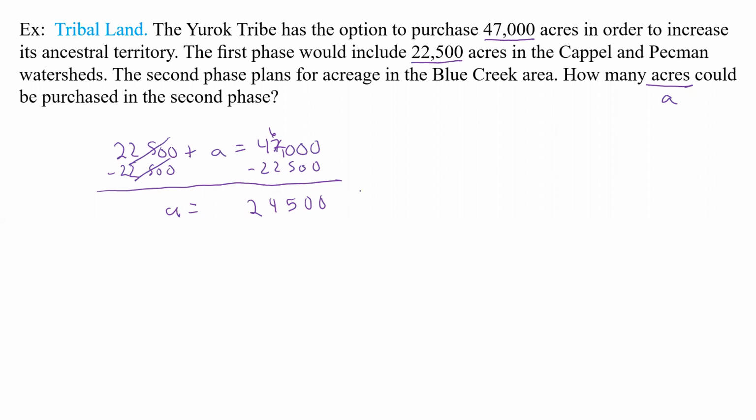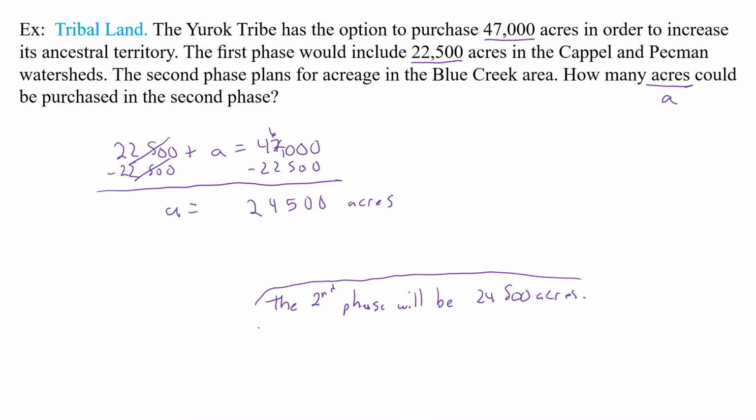So, and that's acres, so it's 24,500 acres. So the second phase will be 24,500 acres. Okay, so that's what we're saying is going to be our answer.